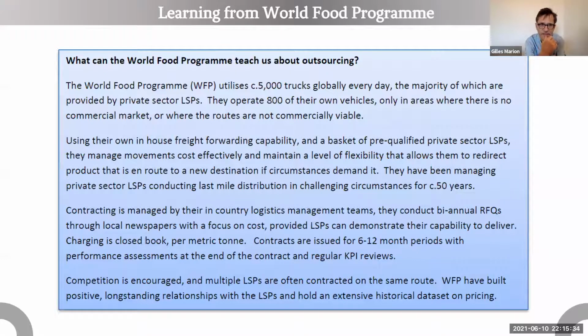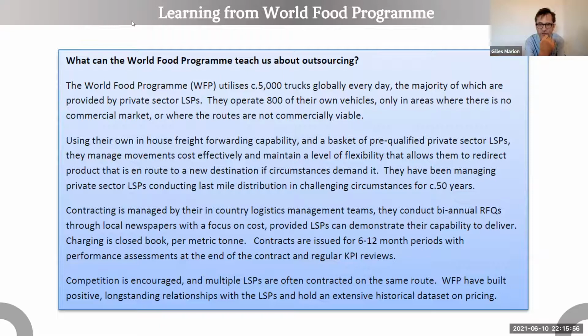Yeah, there is a World Food Program case that you can read here. World Food Program, they don't like to say that, but their main skills, their main responsibilities is really logistics. They have a large number of trucks, 5,000 trucks globally. It's a huge fleet.